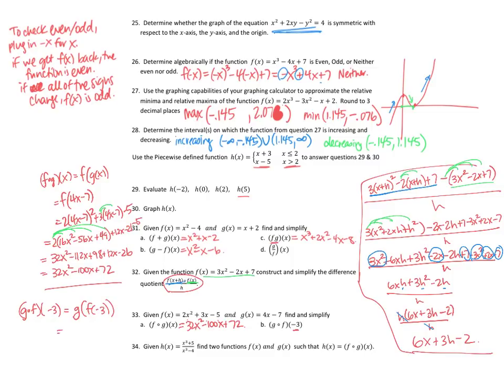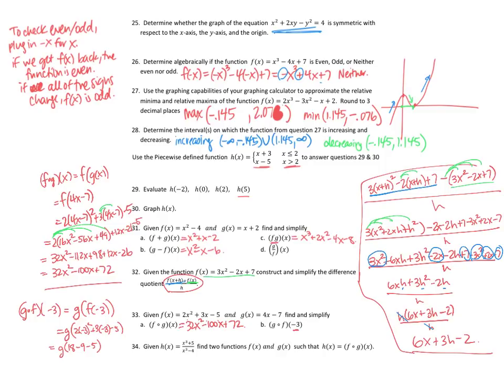And so what I can do is plug negative 3 into my function f first. So what is negative 3 plugged into f? I'll have 2 times negative 3 squared plus 3 times negative 3 minus 5. And so if I do that, that's g of, let's see, negative 3 squared is 9 times 2 is 18. 3 times negative 3 is negative 9, and then minus 5.